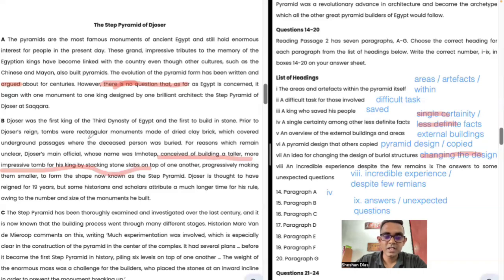First it was rectangular, then they made it into a step pyramid. So they have changed the design. Answer has to be 7. 7 is VII. There we go. So paragraph B, answer number 7.